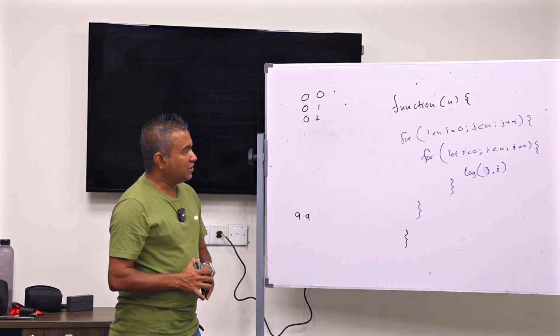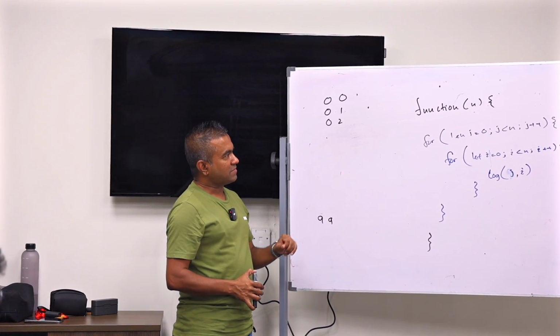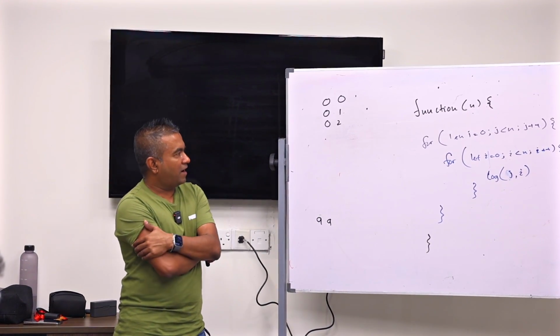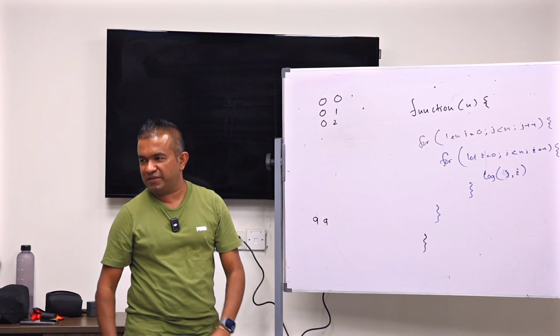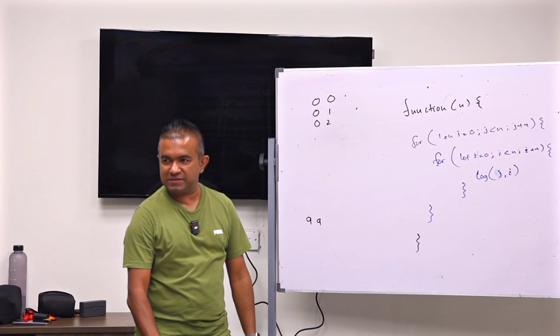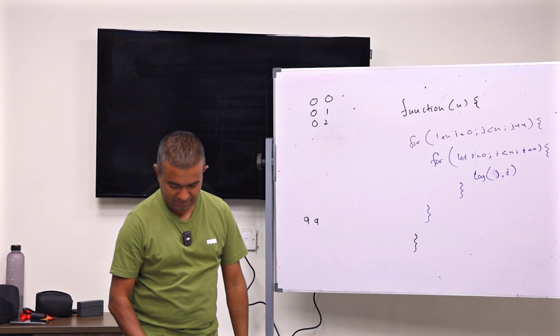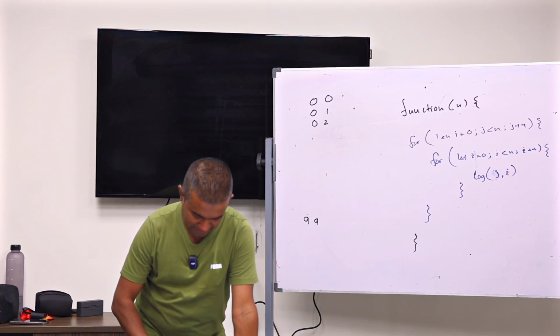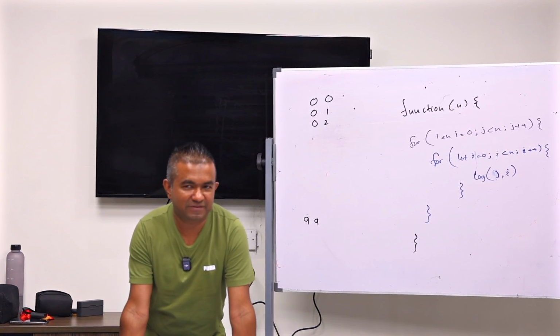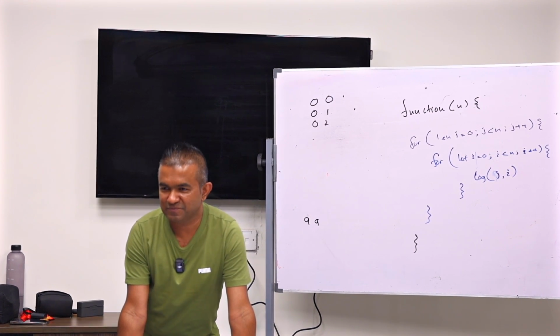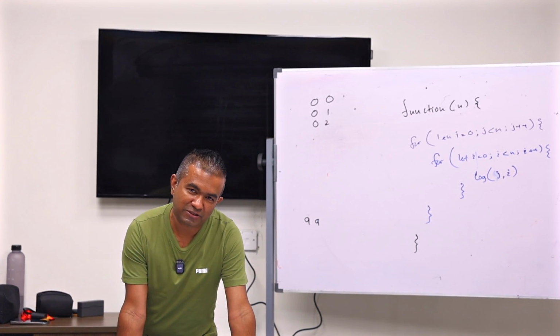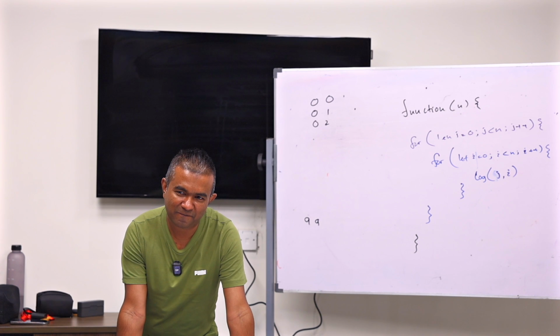Understand, right? Now tell me how many times this code executes based on the number you are passing. Let us say you pass 10, how many times does it execute? 100. You pass 2, how many times does it execute? 4.